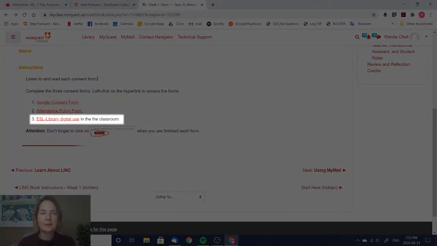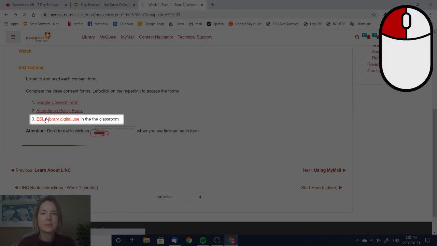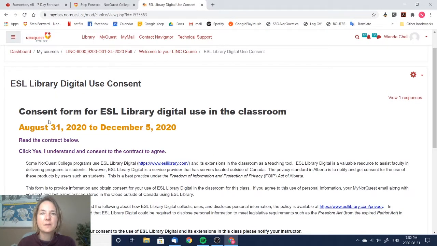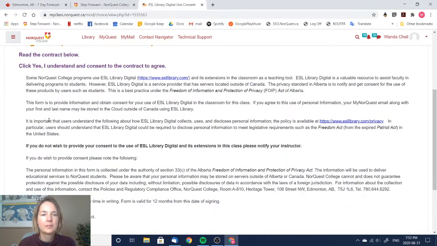And finally, the last consent form is for ESL Library. And so you left click on ESL Library. Now this consent form is similar to the Google consent form. It is indicating or telling us that you understand that ESL Library stores data outside of Canada. The only information that will be used in ESL Library will be your username and your password.